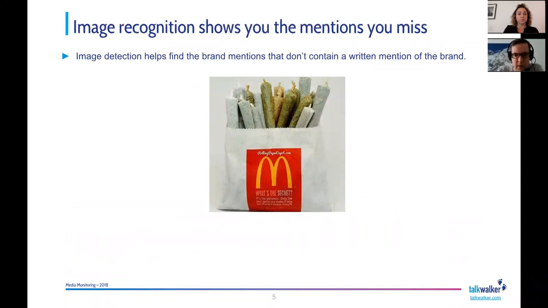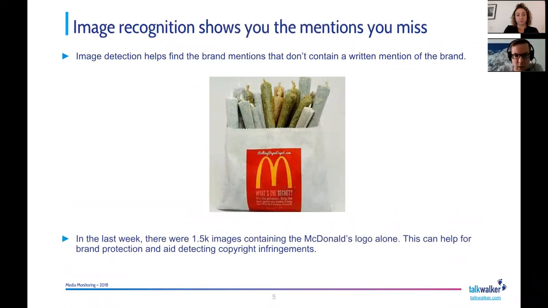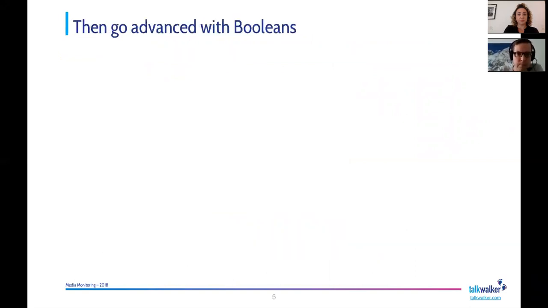It was just the image that was picked up. And again, we found 1,500 images containing the McDonald's logo alone. So no brand mentions, just the logo. And that helps you protect your brand. In this case, would you want your brand to be associated with drug use? And also the other area is copyright infringement. If you have a protected logo, using image recognition, you can detect any copyright infringements.